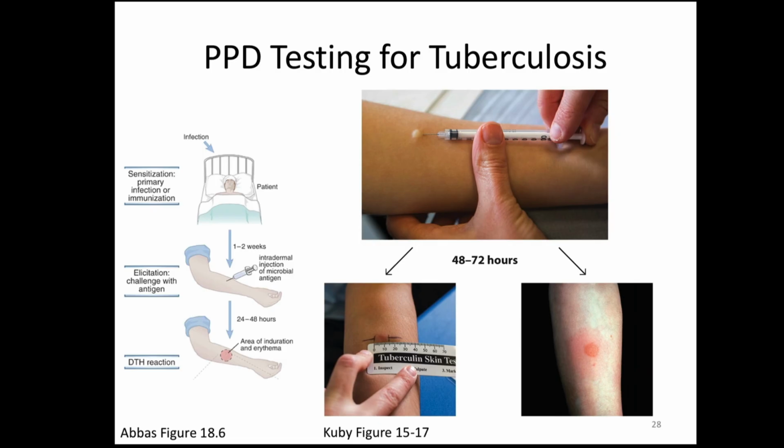And the key immune response that happens when you are infected with Mycobacterium tuberculosis is a Th1 response. So if you are infected with this bacterium, you are making a Th1 response to this bacterium.